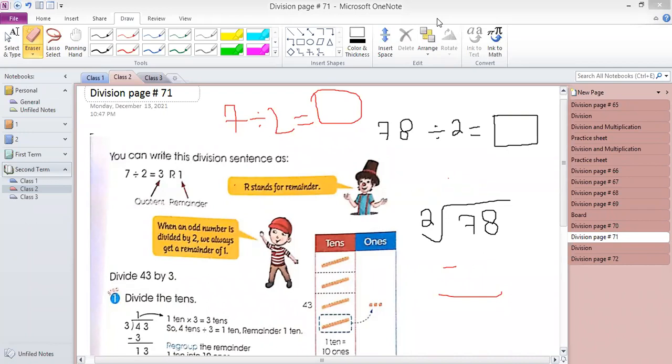This is the last minute to complete your solution, because then I'll explain how this question is solved.